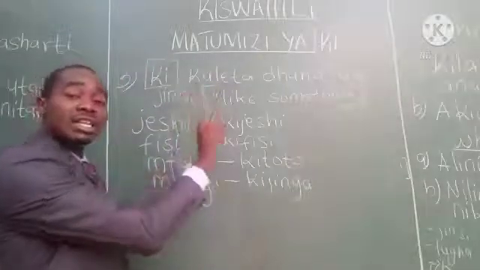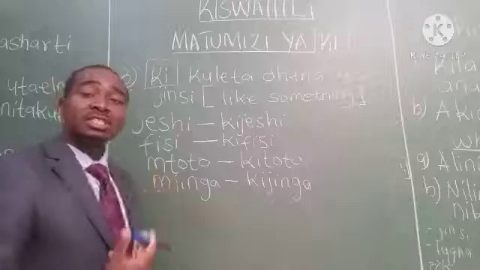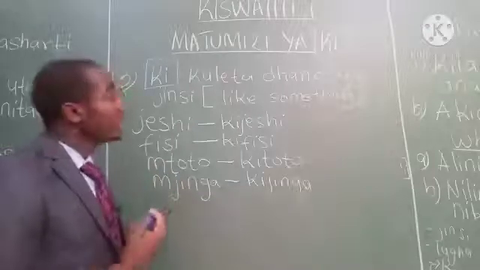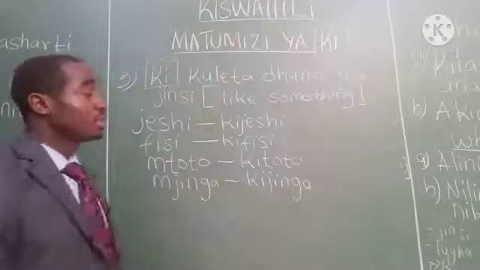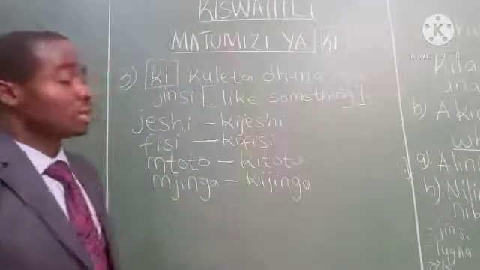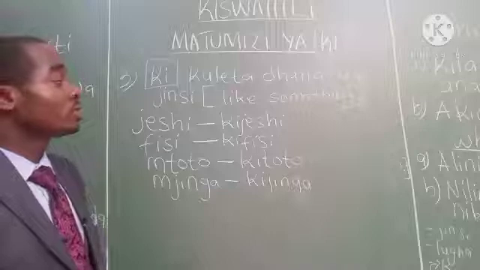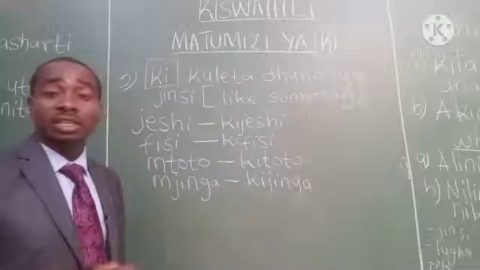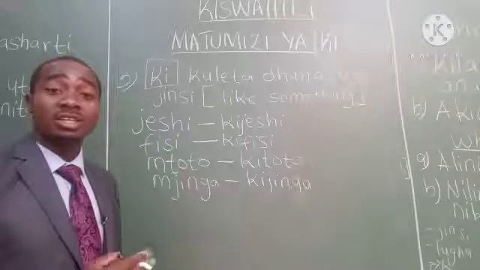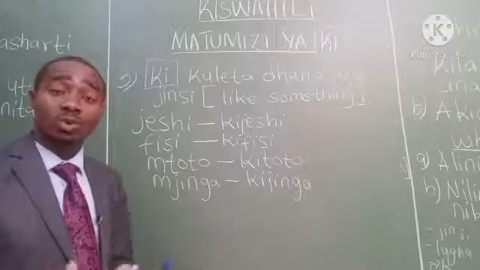Ki kuleta dhana ya jinsi. Yani, the ki ya kuleta dhana, there is a ya here of. I have just omitted it intentionally to find some space. Ki ya kuleta dhana ya jinsi. You know jinsi? Jinsi, it is like how.